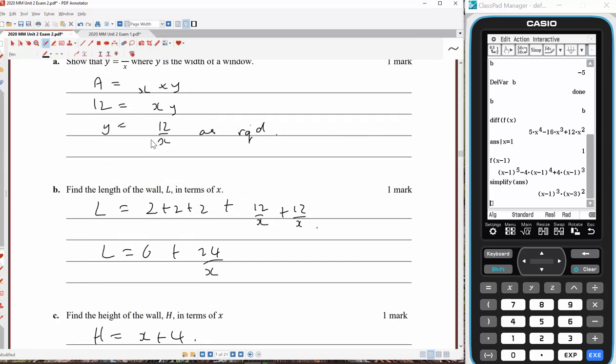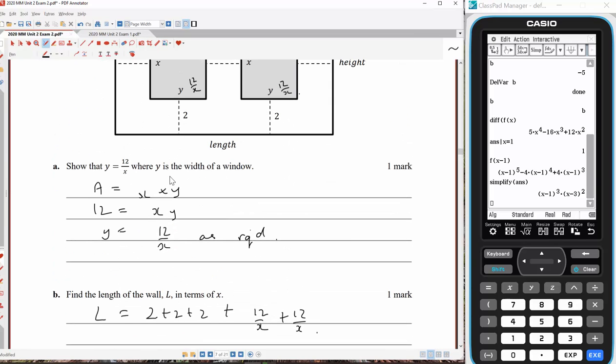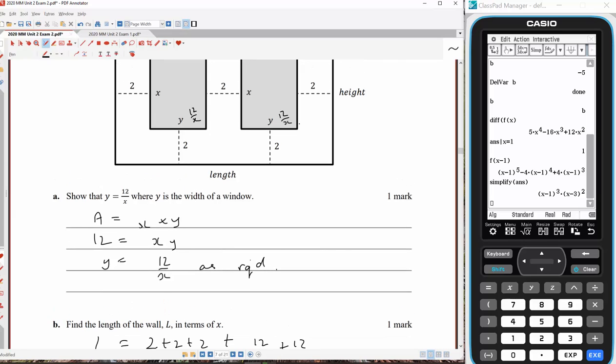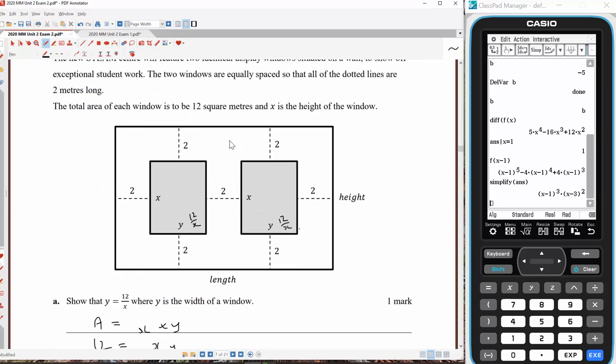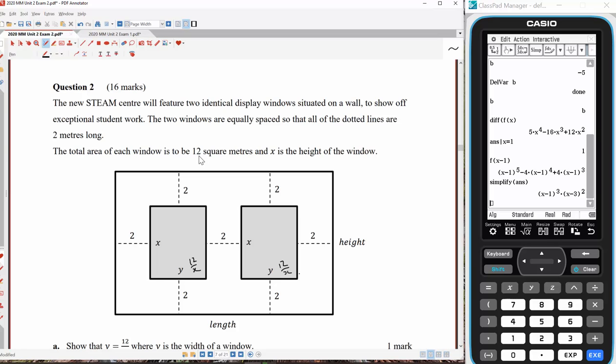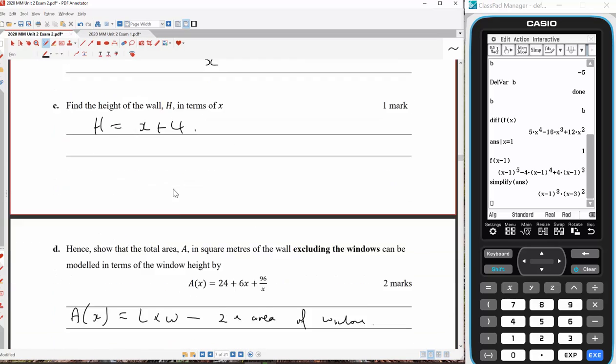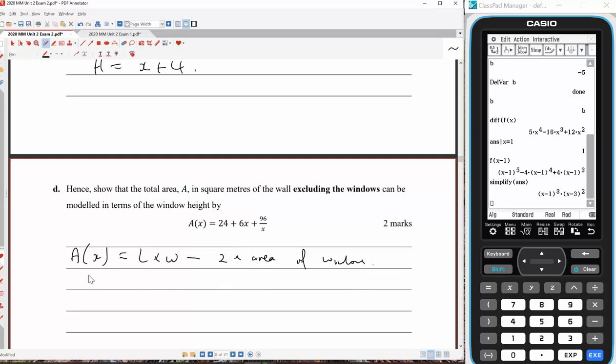So this is the area of a window, which is 12, so two lots of 12 is 24. So the length times the width.